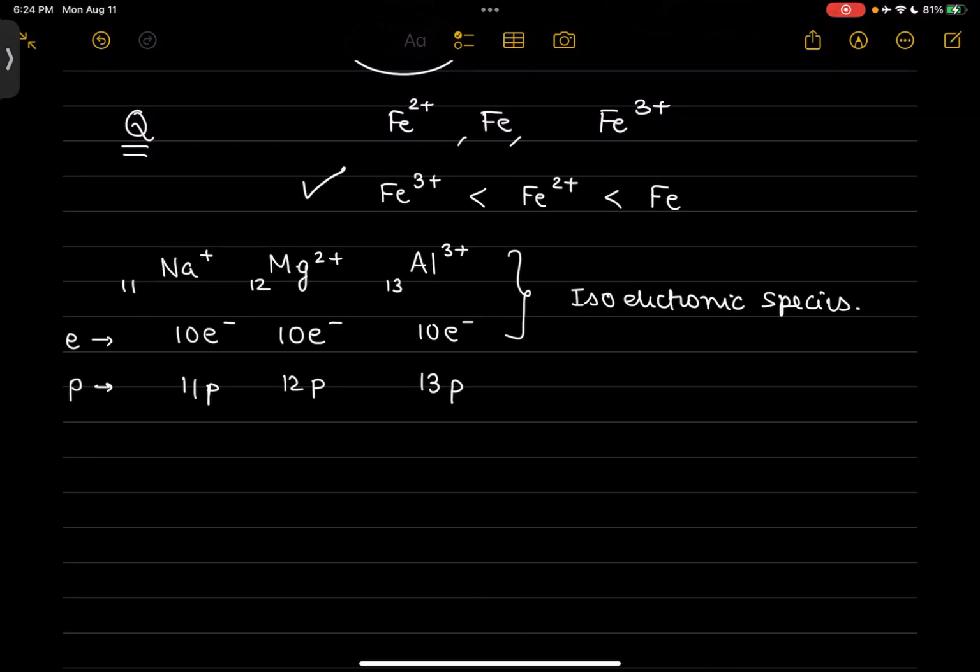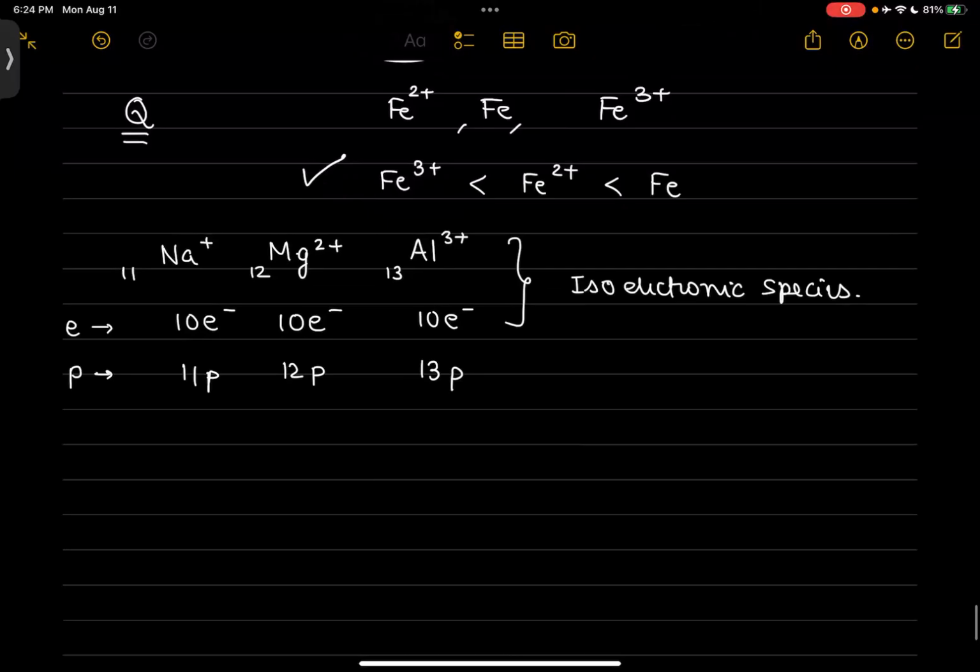Will the size also be the same? There are 10 electrons, 2 shells. But it also depends upon how strongly the shells are getting attracted inward. If the attractive force is higher, the size will be less. Is it clear or not? Yes.